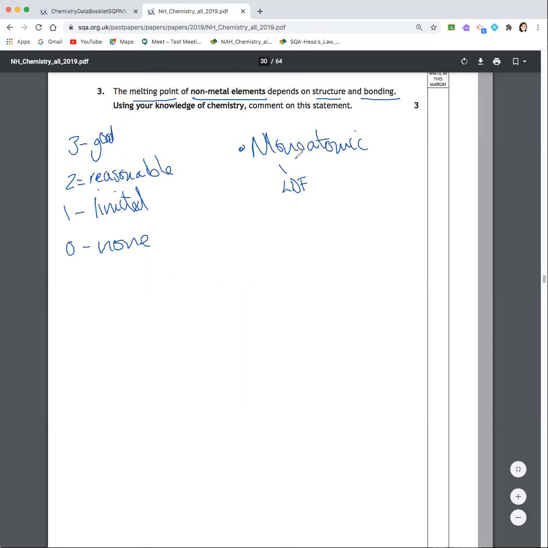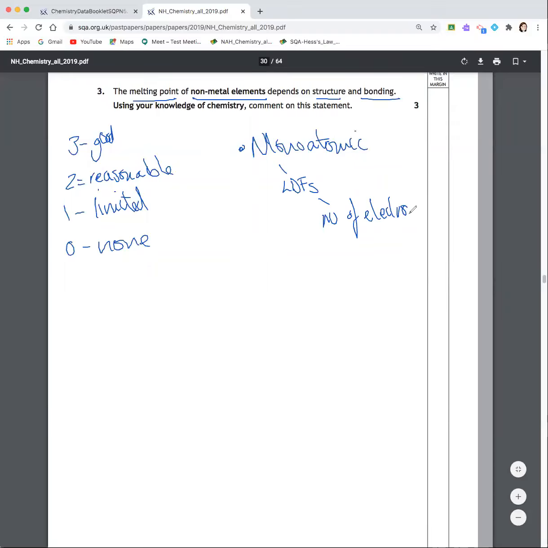So when you are melting or boiling a noble gas, you are breaking London dispersion forces. Going down the group, the melting point increases, and that's because the strength of the London dispersion forces increases. And what you need to remember is that LDF strength is dependent on the number of electrons.